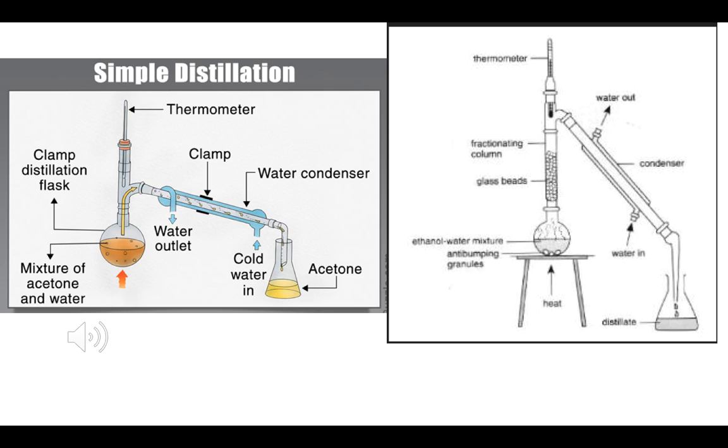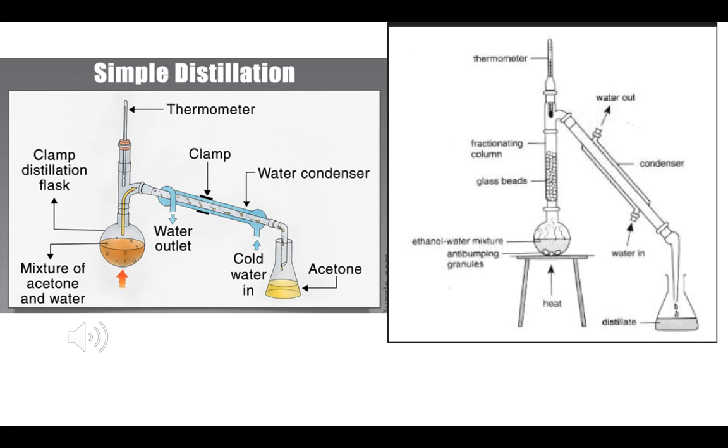Simple distillation is good when there are big differences in boiling point. If I want to evaporate acetone from water, I would do a simple distillation, and then I would do it again. If I want to increase the purity of my sample, I have to do simple distillation multiple times.